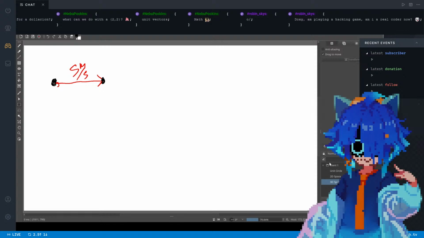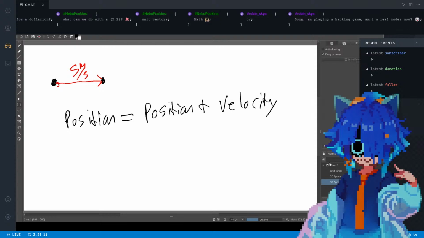How can we represent that in a computer? Well, we take our position and we set it equal to our position plus our velocity. If we treat all of these as vectors, we saw earlier that we can just add.